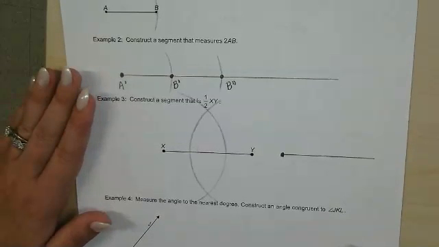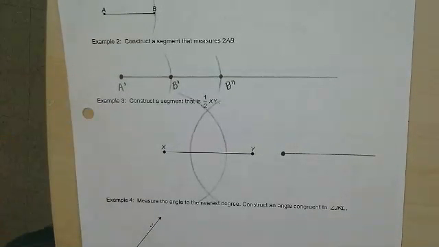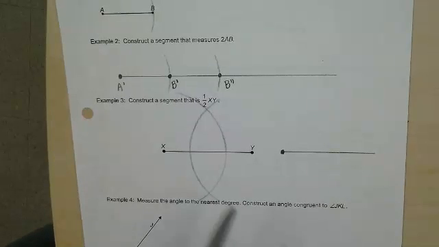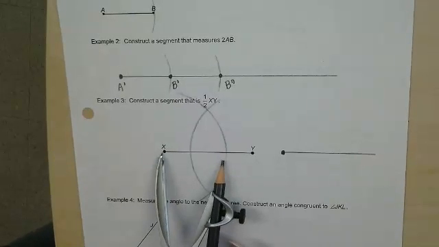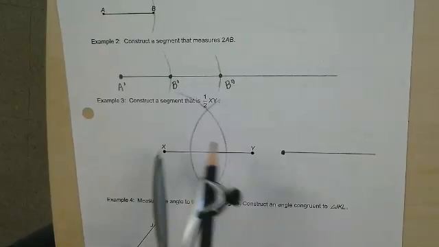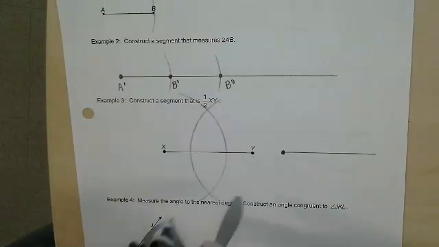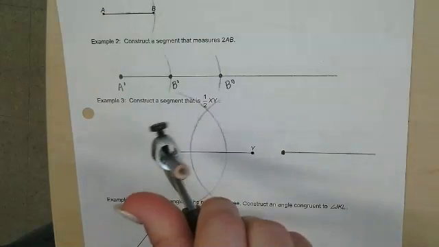If they don't intersect each other, you probably just made the space between the pointed end and the pencil a little bit too big for the space that you're working with. So it should look something like this, depending on how far apart you had your pencil and pointed end. Okay, so again, we just put the pointed end on X, pencil end a little over halfway, drew a big arc, and then flipped it around and drew the exact same arc.